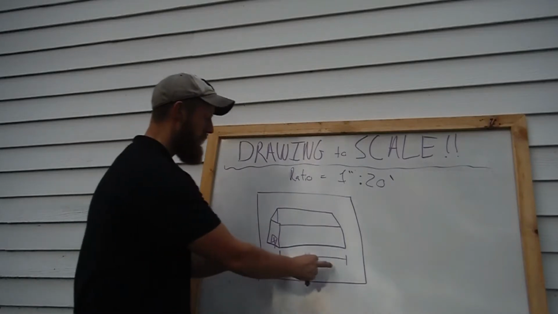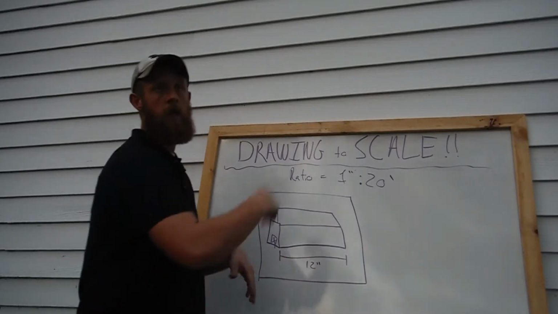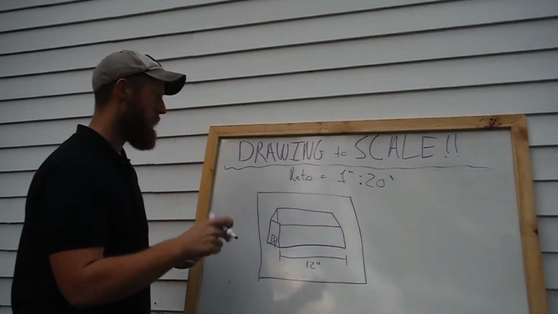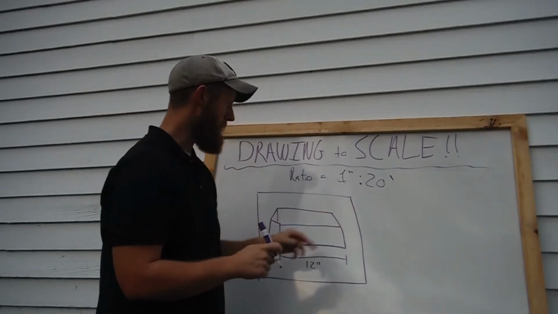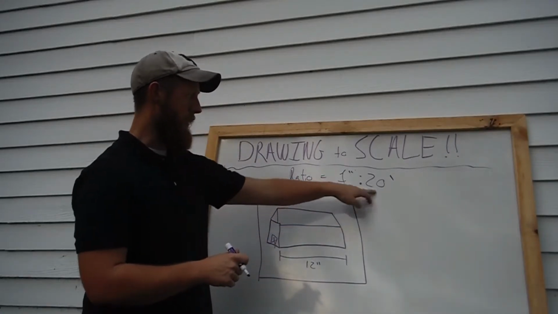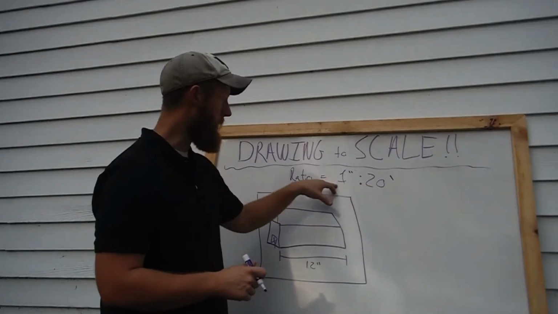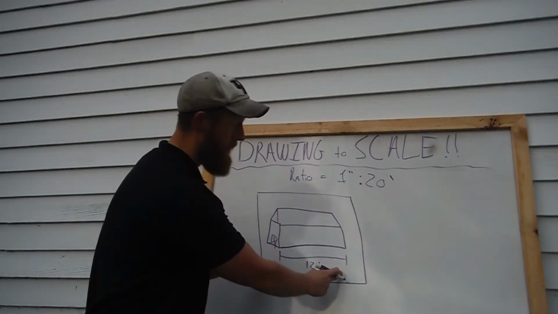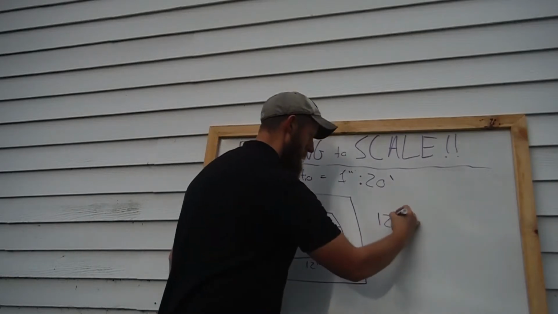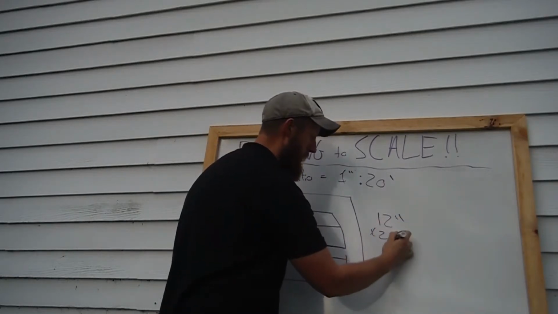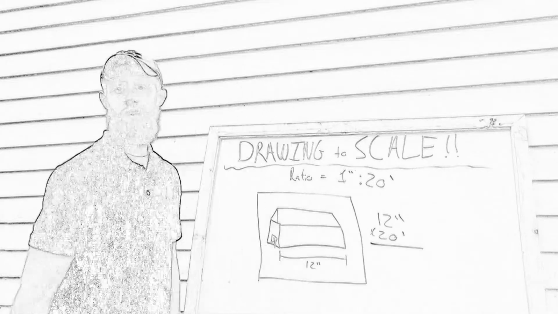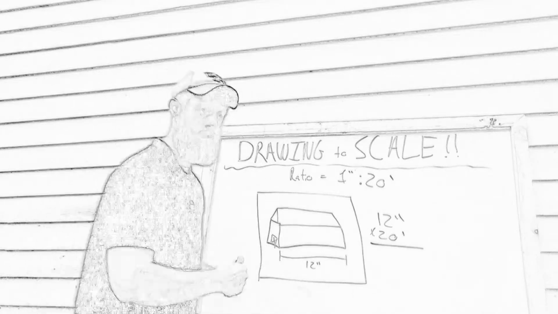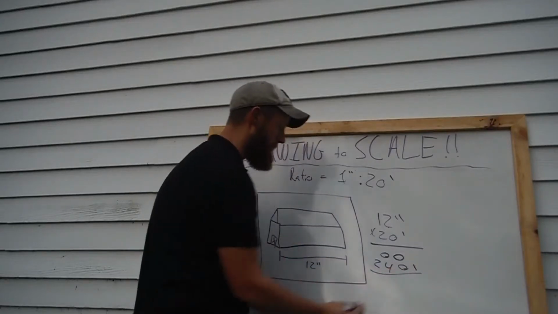However, that 12 inches is really representing a certain number of feet out there in the real world. How we find this is, as we know our ratio, it's 1 to 20, so 1 inch equals 20 feet. Now that we know that on our drawing we have 12 inches, we'll just times that by 20. It's 240 feet.